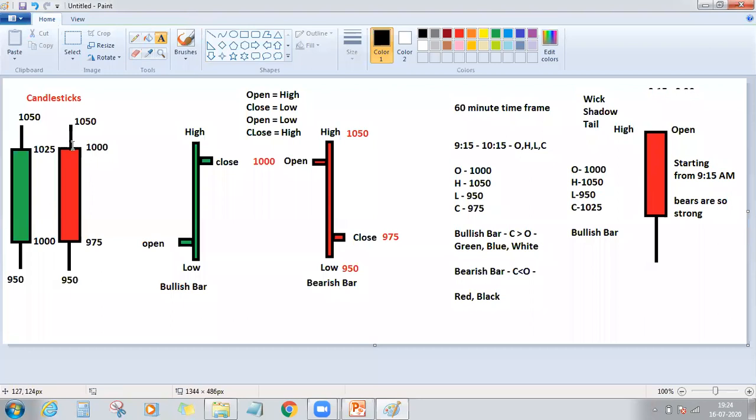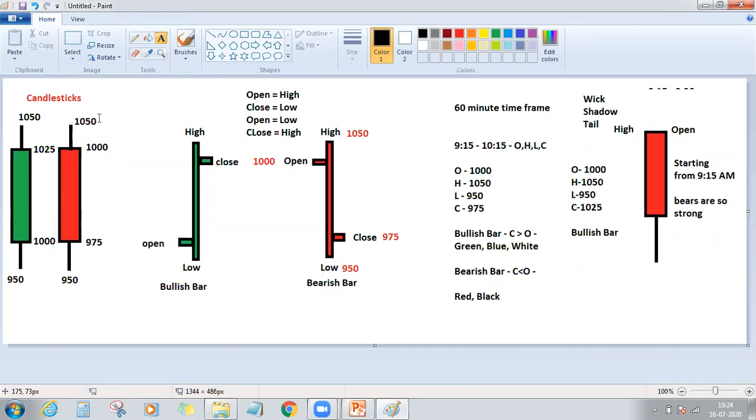Here this is a different scenario. So it opened at 1000, it took some time, it traded there, and during that day the opening price it was able to cross. So bears were strong only at 1050.